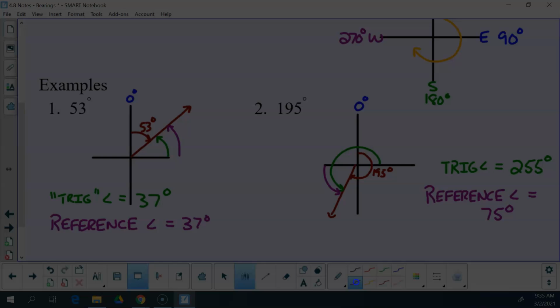Confusion is abounding in these because we've got so many different angles that we have to know and have to use. Okay? But they all mean the exact same thing. So we're going to jump around just a tad here.